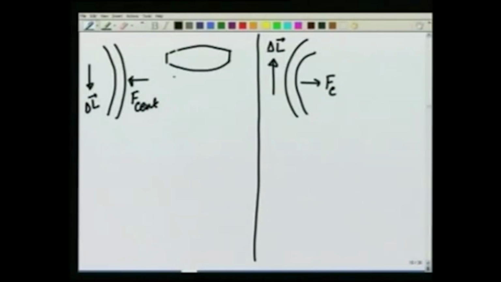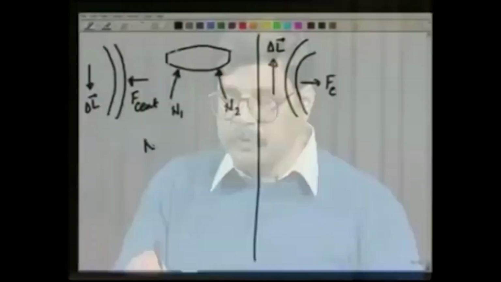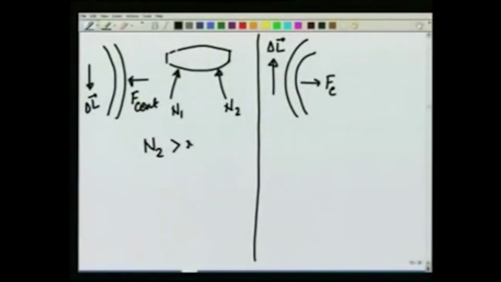Now in this case, N1 and N2, the normal reactions are going to be like this, and since the centripetal force is to the left, N2 should be greater than N1, and therefore torque due to N2 is also going to be greater than torque due to N1. But torque due to N2 is coming out, torque due to N1 is going in.